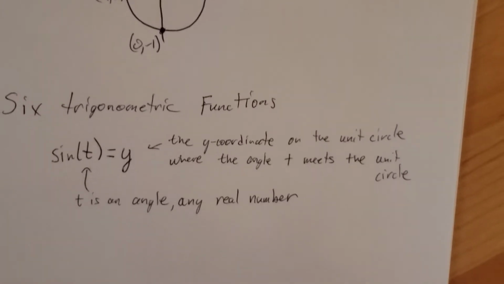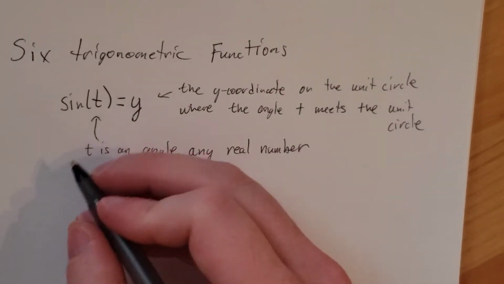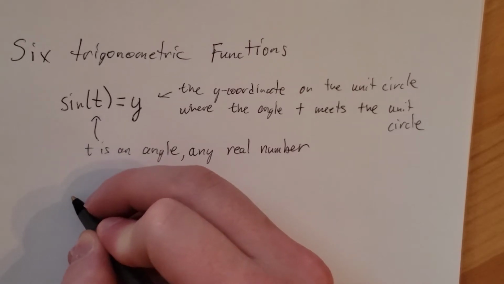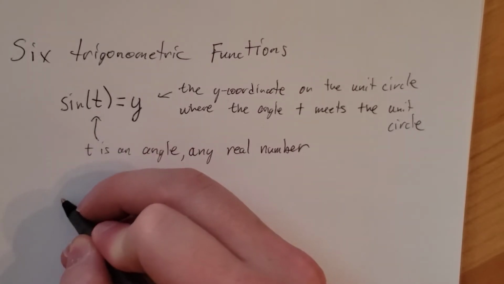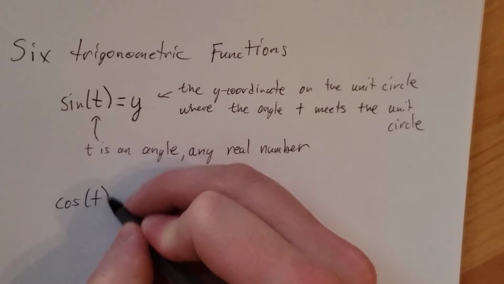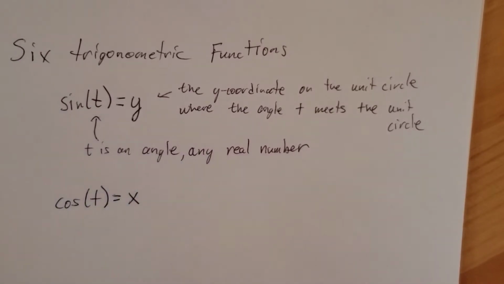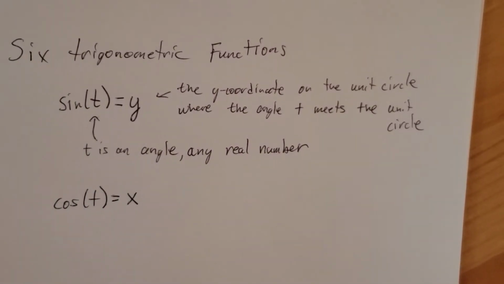Okay, well, let's move on. If we have a trigonometric function for the y value, we also need one for an x value. So we get cosine of t is x. This is how we define our cosine.